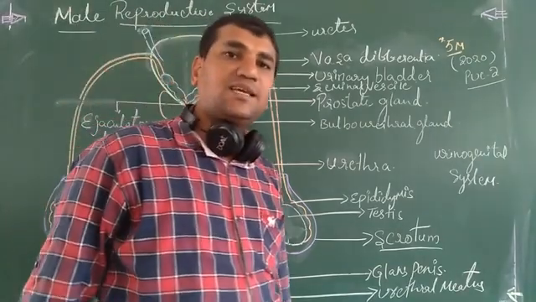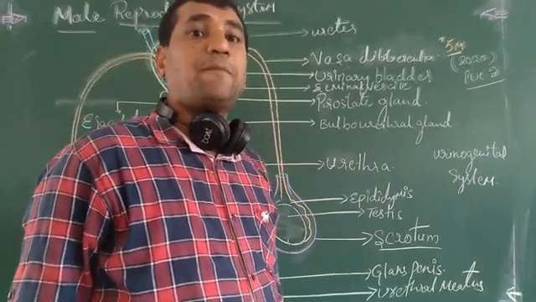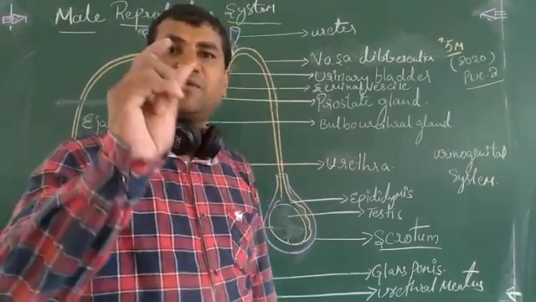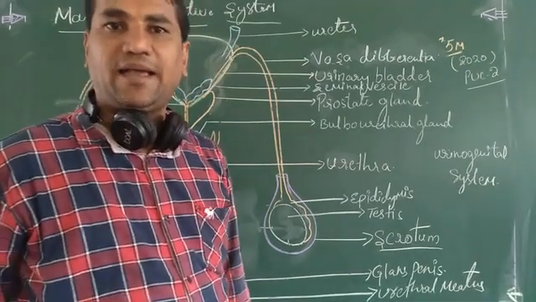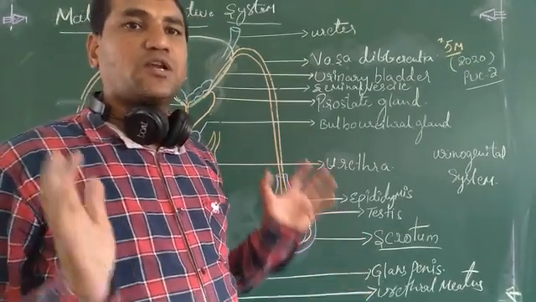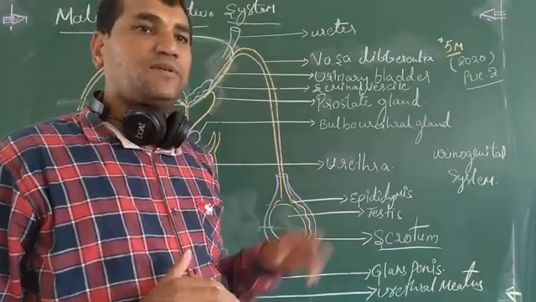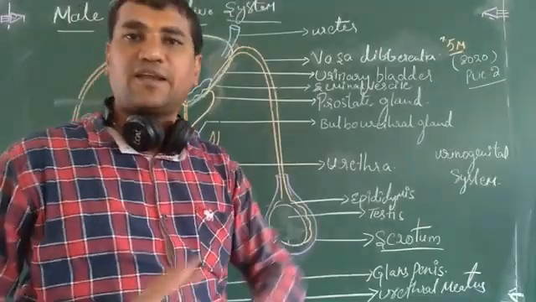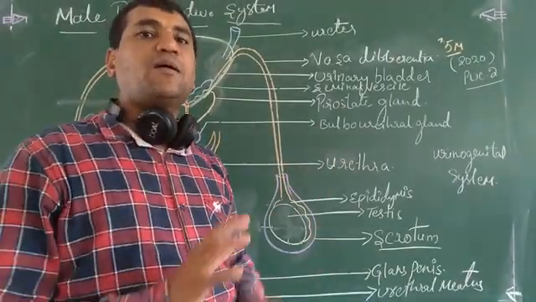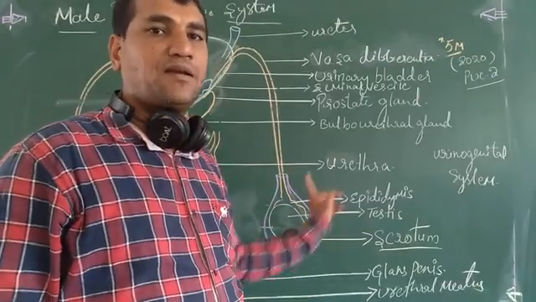And you can see the scrotum is present between the penis and the anus. The scrotum appears united but is internally separated.